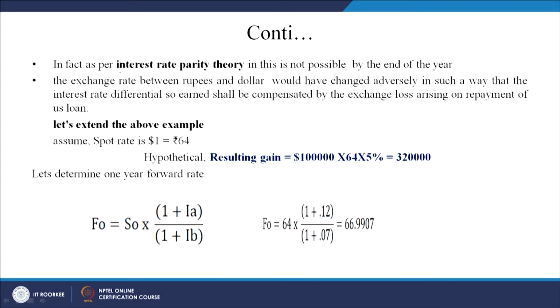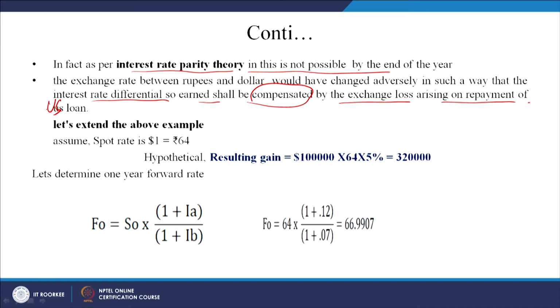In fact, as per the interest rate parity theory, this is not possible. Why? The exchange rate between rupees and dollar would have changed adversely in such a way that the interest rate differential so earned shall be compensated by the exchange loss arising on repayment of the US loan.